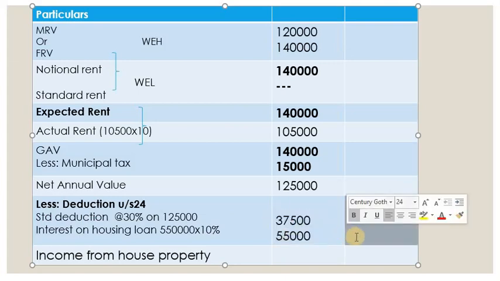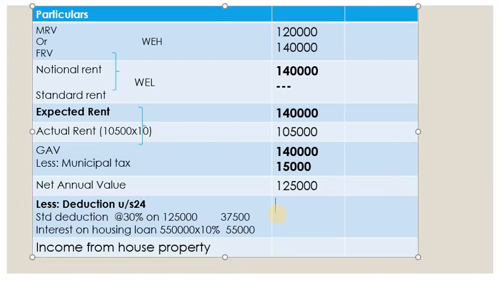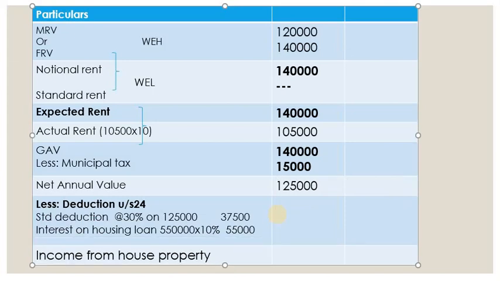Now the total deduction is how much? 37,500 plus 55,000, so the total is 92,500.